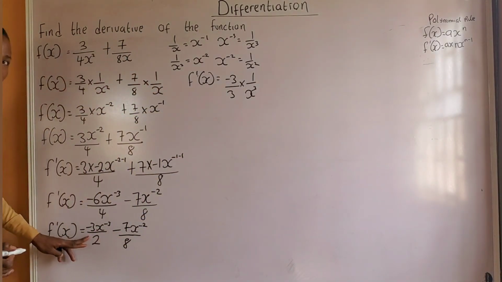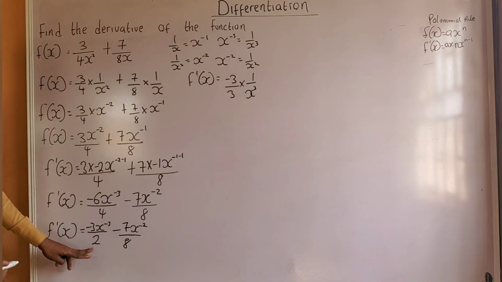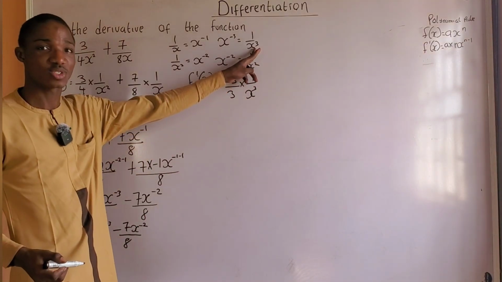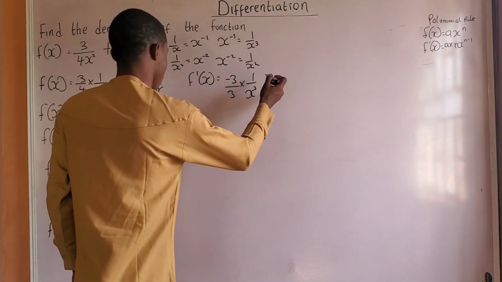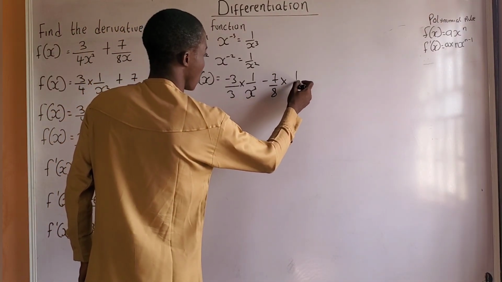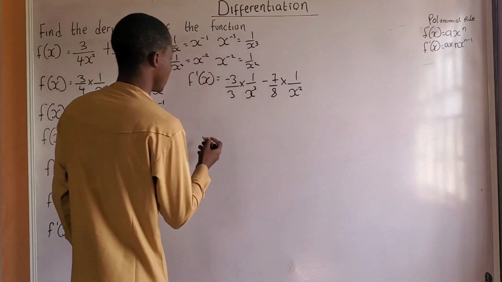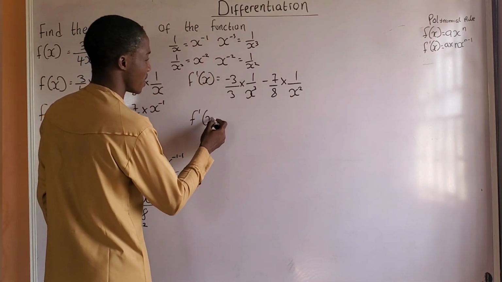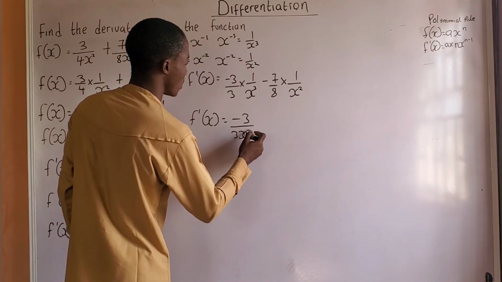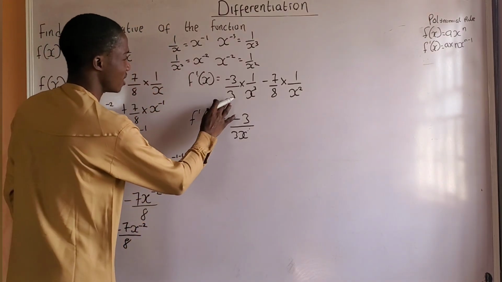I just separate this fraction, okay? Negative 3 over 2 times x raised to the power of negative 3 is 1 over x raised to the power of 3. So minus 7 all over 8 multiplied by 1 over x raised to the power of 2, okay? The derivative of f of x is equal to minus 3 all over 3x squared. Oh, sorry.